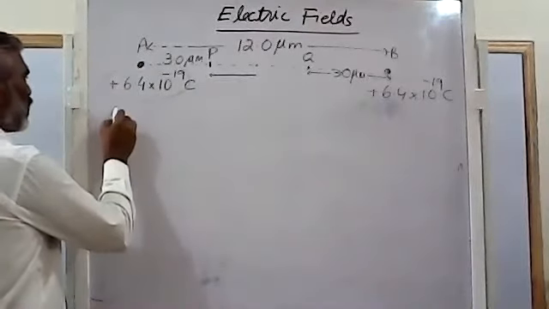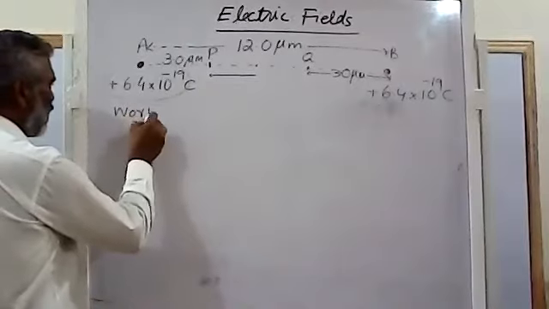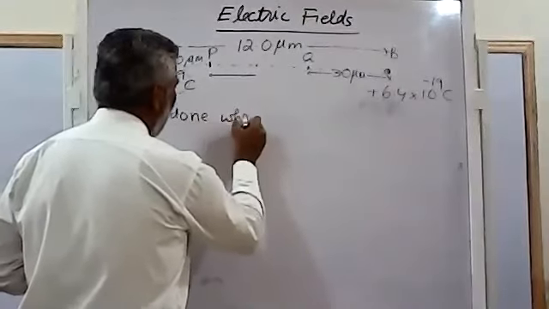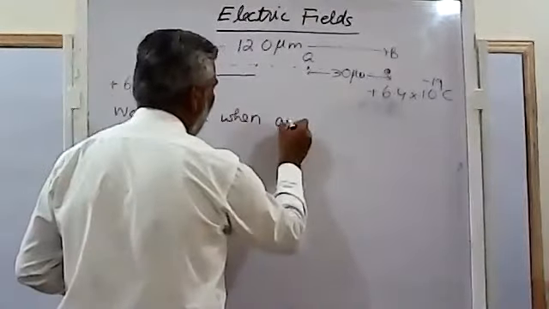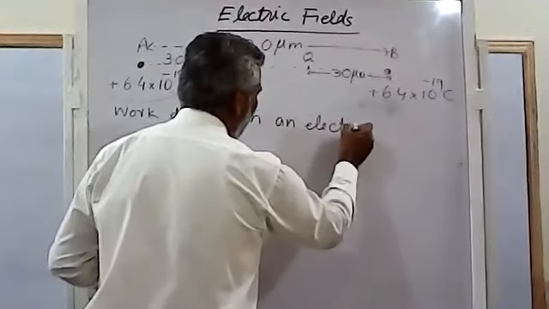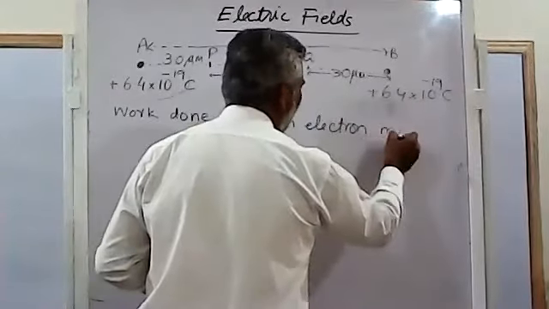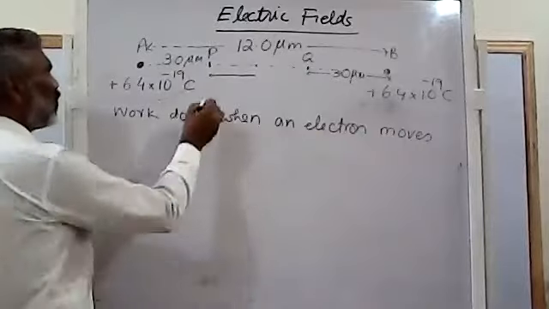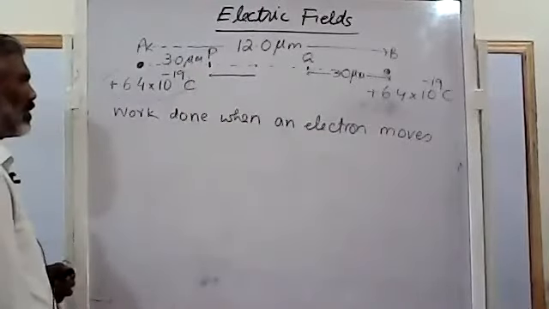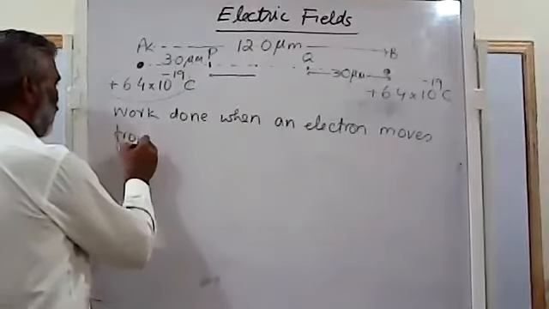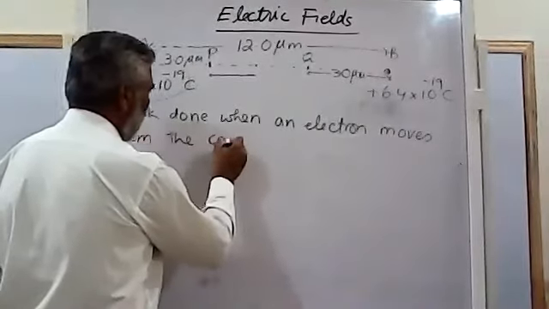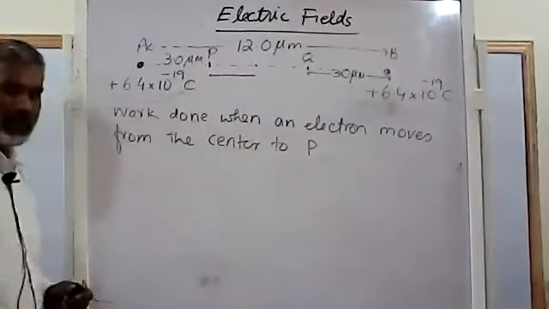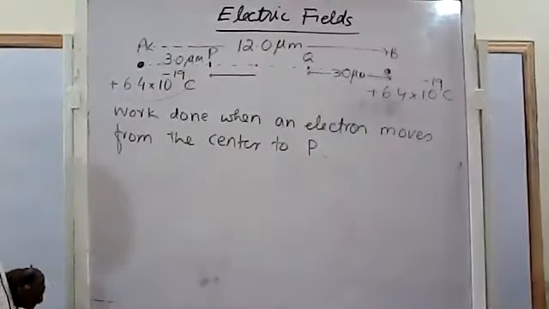So we want to calculate the work done when an electron moves from the center of the line AB to the point P. From the center to the point P. So this is the question.